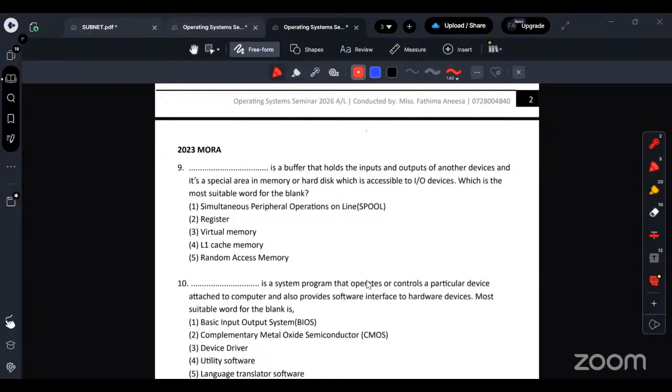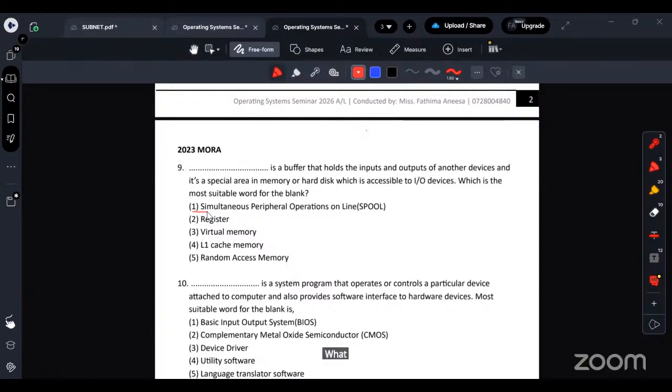So it holds inputs and outputs of other devices. It's an easy question. Yes, correct. So it is spooling.